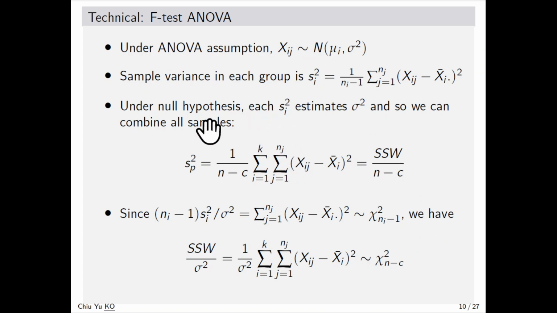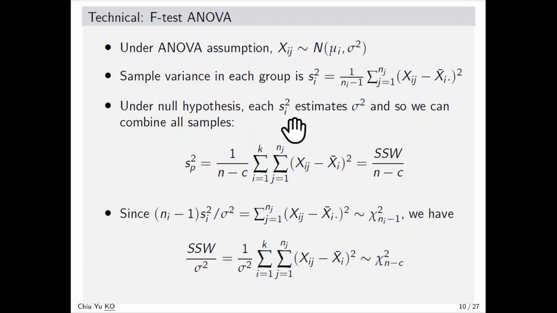So why is this the case? Under ANOVA, every observation follows a normal distribution with its own group mean and common variance. The sample variance of each group is defined as si squared, with xij minus x bar i.